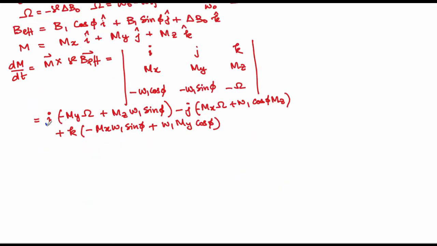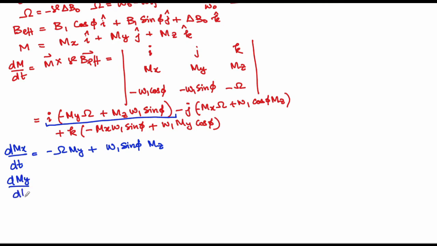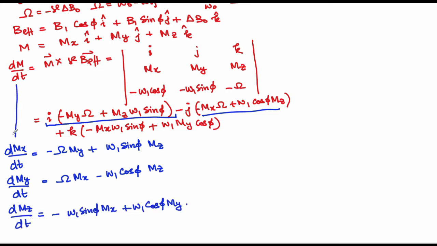Therefore, we are able to see that dmx over dt is given by minus gamma my plus omega 1 sin phi mz. The y component will be this component, and then dmz over dt. So all that has been done is to decompose the dM over dt into its mutually orthogonal components.